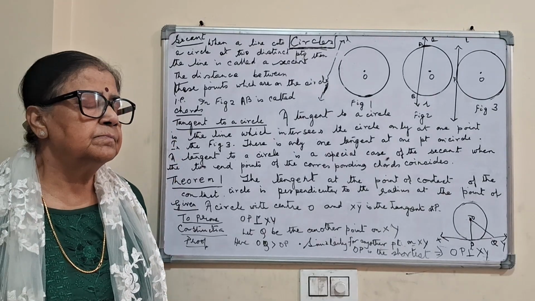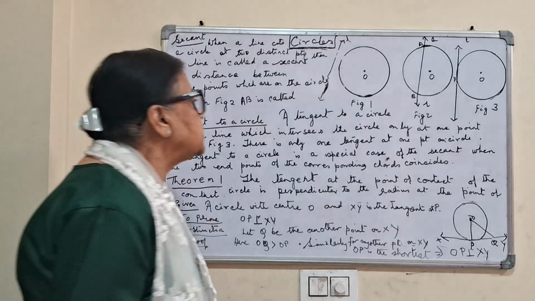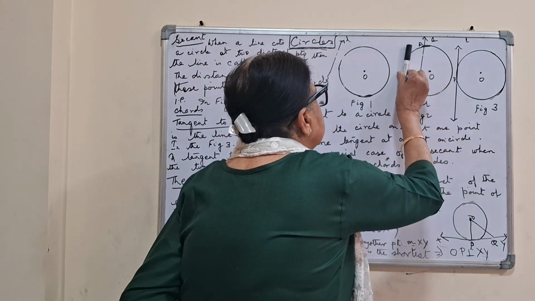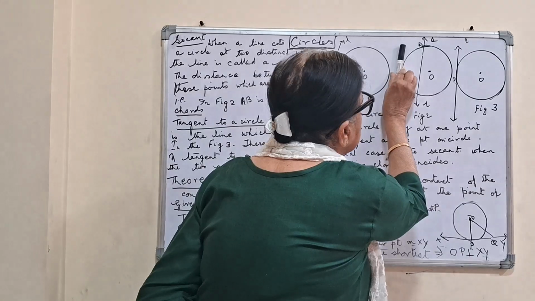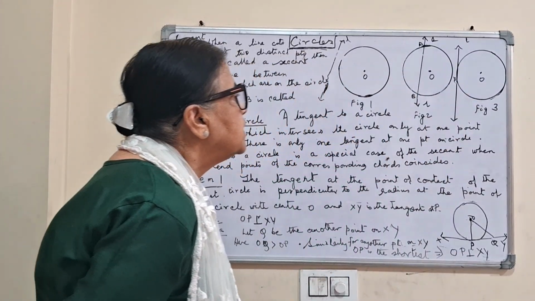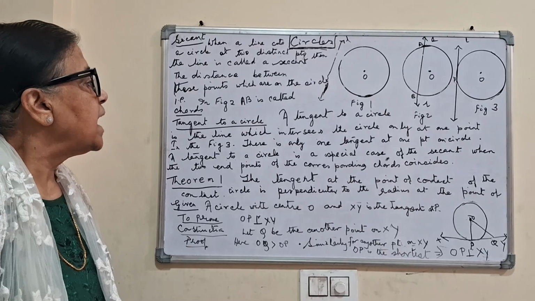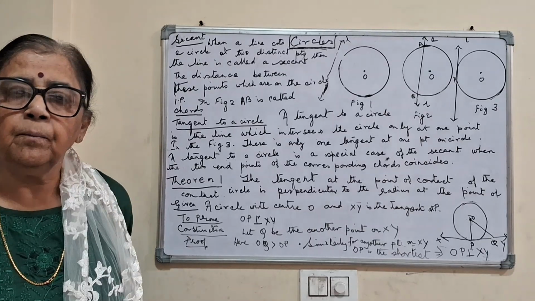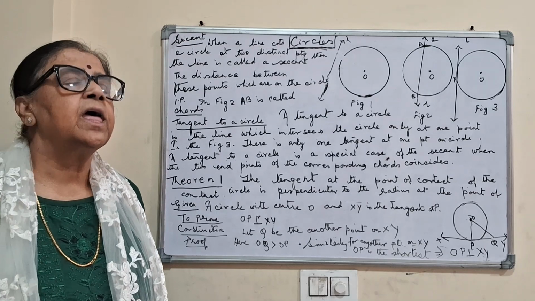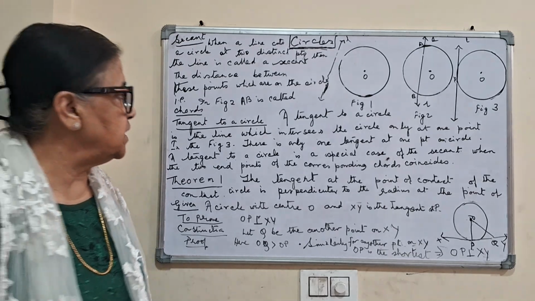Tangent to the circle. When I proceed, gradually if I curve this side, it will touch just at a point P. When a line touches the circle at just one point, it is called a tangent.